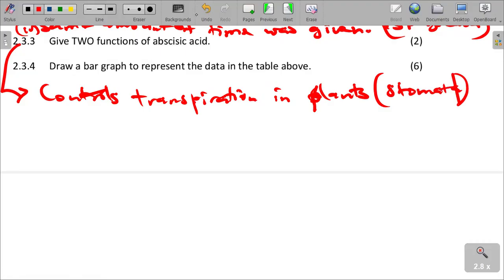The opening and closing of the stomata is actually controlled by this abscisic acid.